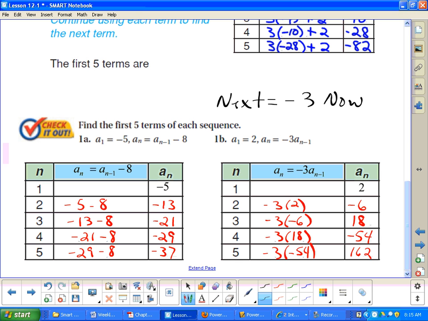We started with 2, that's the answer I have now. To get my next answer, I would multiply that by -3, and then to get to my next answer, I would multiply that answer by -3, and so on. So you can think of it as a next-now statement.